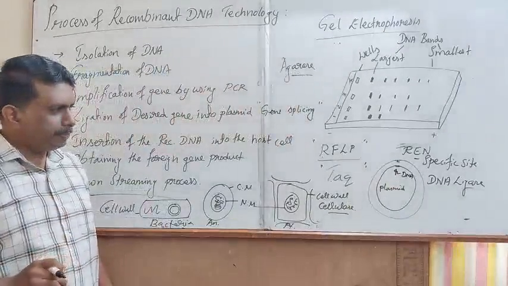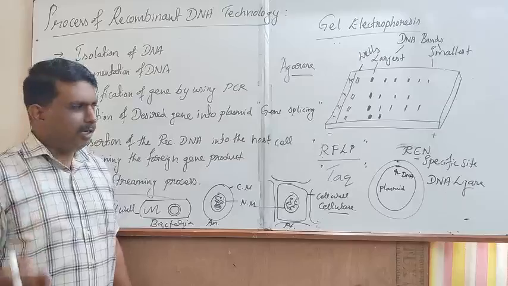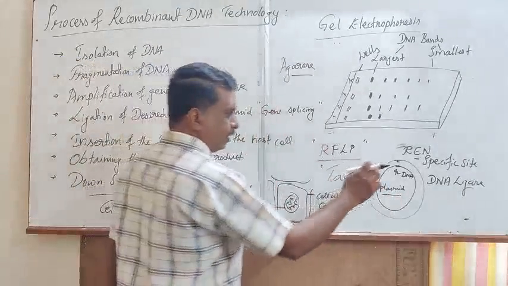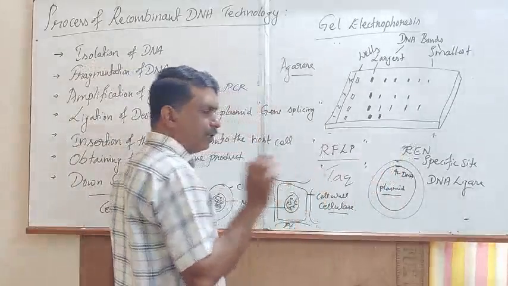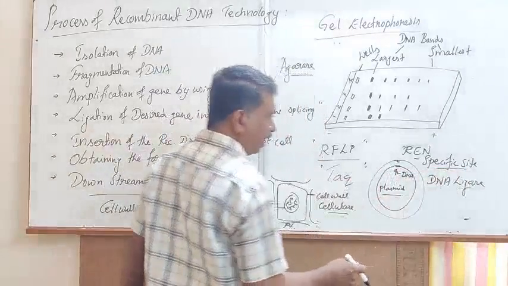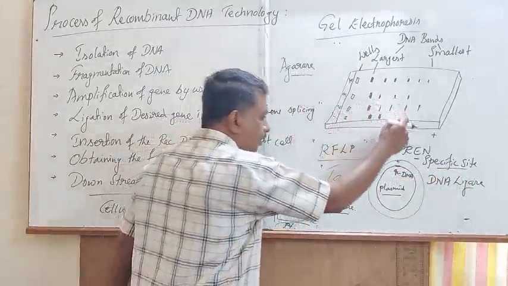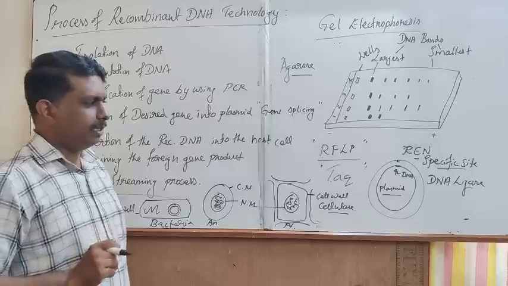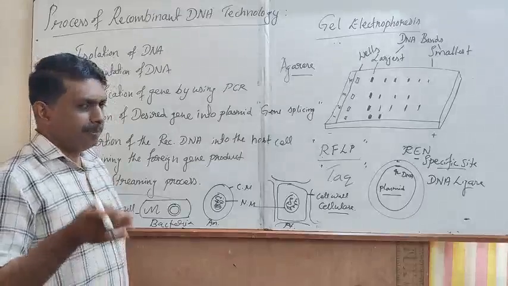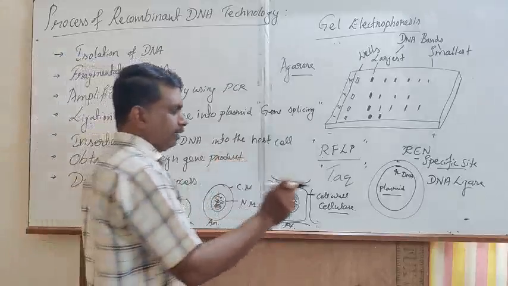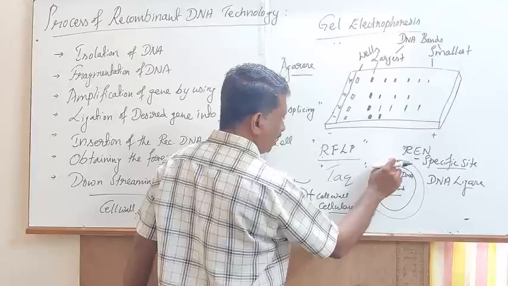In this step, a suitable plasmid is selected. It is treated with restriction endonucleases, which mainly act on the specific site, resulting in breaking and opening of the plasmid DNA. Once the plasmid DNA is opened, the desired gene is inserted into the plasmid.